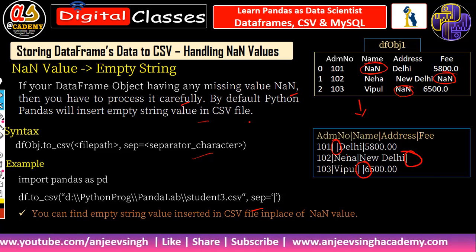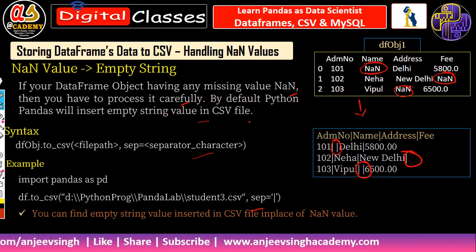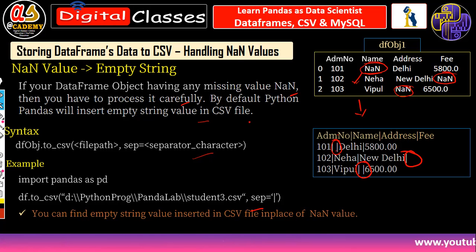So nothing is written here. Why? Because if the data frame has the NaN value, then the CSV file is going to keep a blank space, an empty string, in place of the NaN value. So that is what happened in this data frame case.